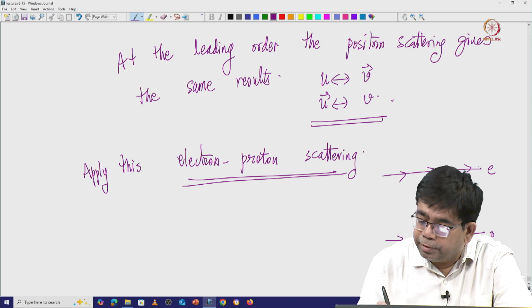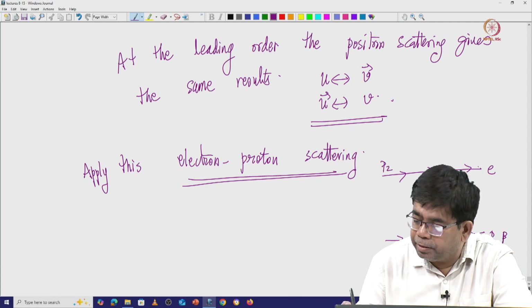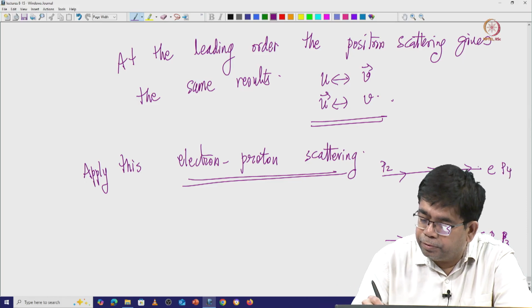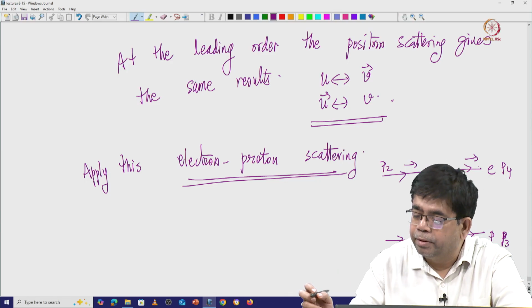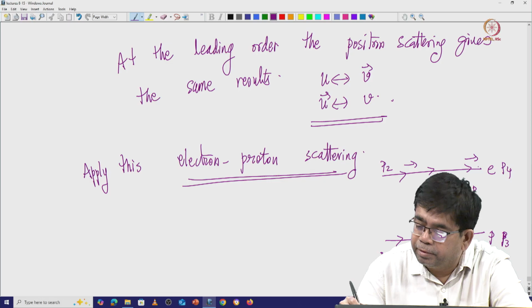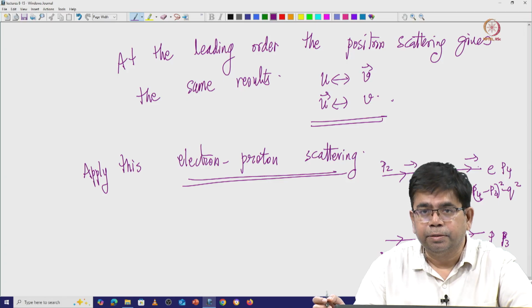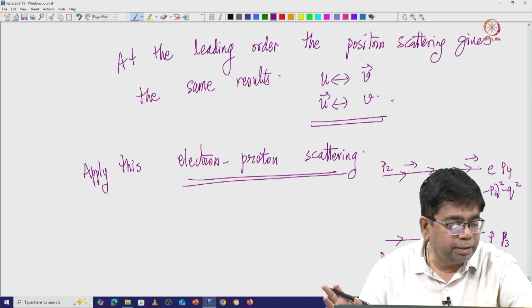So P1, P2, P3, P4. This is the momentum direction. So this is the t channel, with (P3 - P4) squared, which is the energy. So this is the diagram, the t channel diagram.